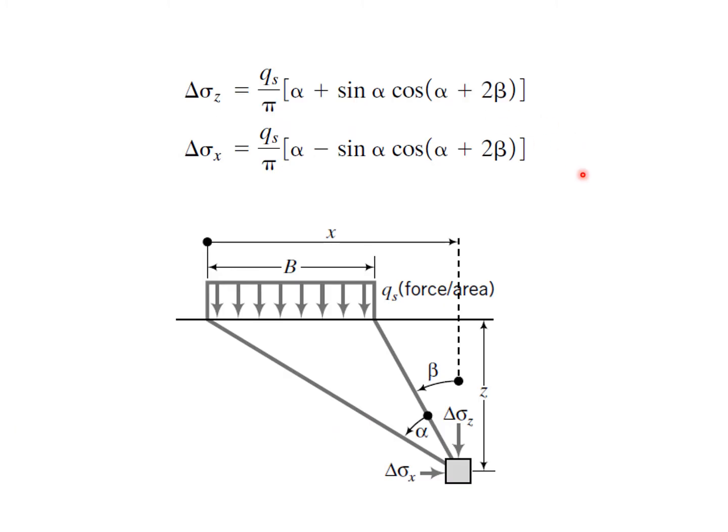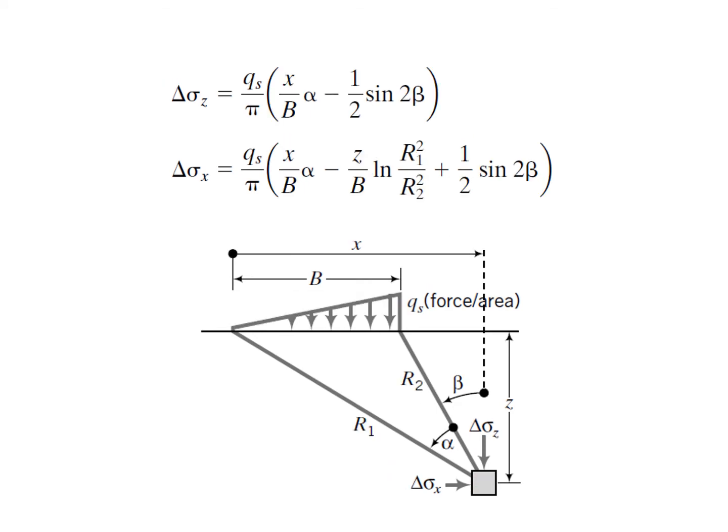Now in this problem we are going to consider the triangular stress distribution and the uniform stress distribution. So you will have to look at this figure. Uniform stress distribution is present over here, and if you are interested in this element, delta sigma x can be calculated by using this formula, and the vertical stress over this small element can be determined by using this formula.